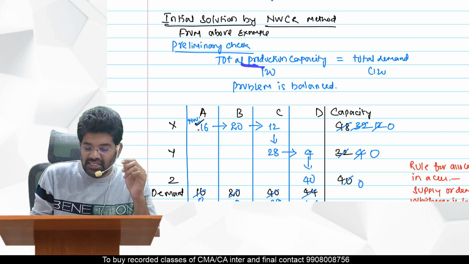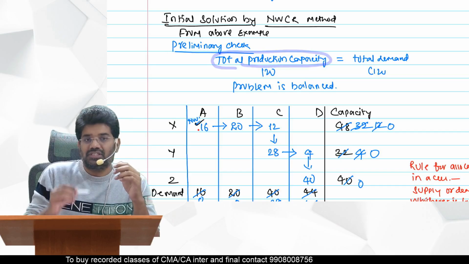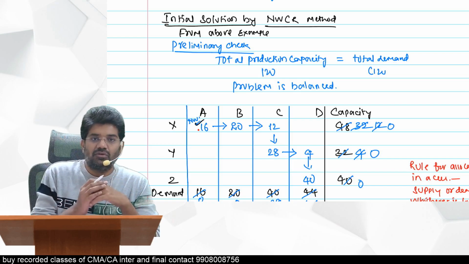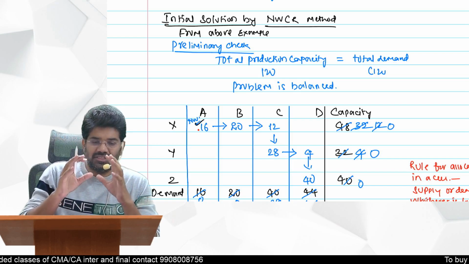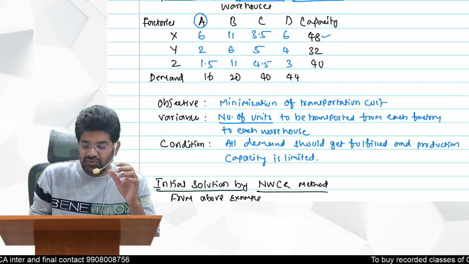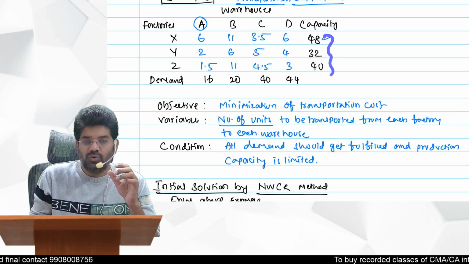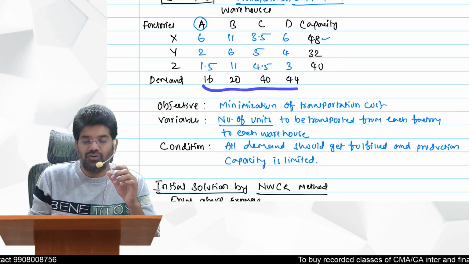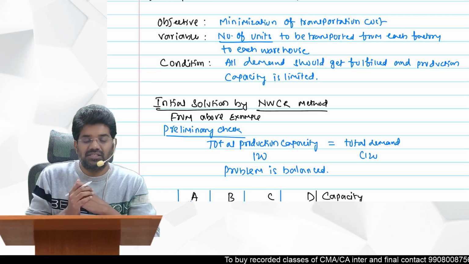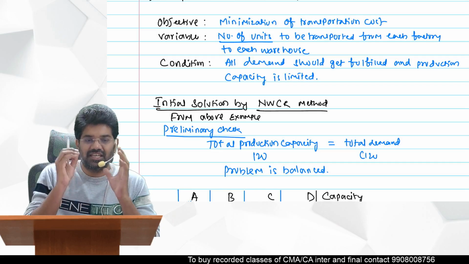Your production capacity, your supply, must be equal to demand. Total production capacity or supply must be equal to availability or demand. If you see here, the total of these three is 120 and the total of these four is 120. That means the problem is balanced. This is the first check.